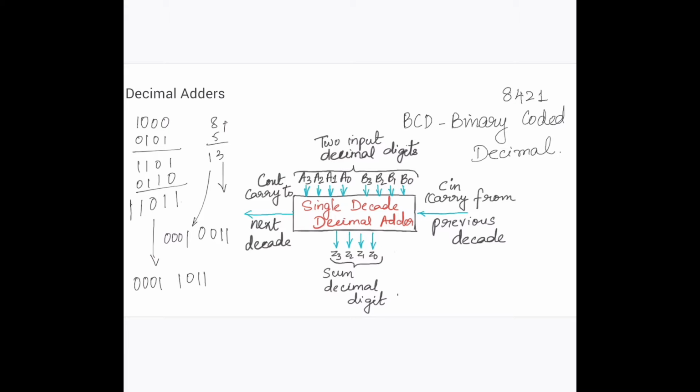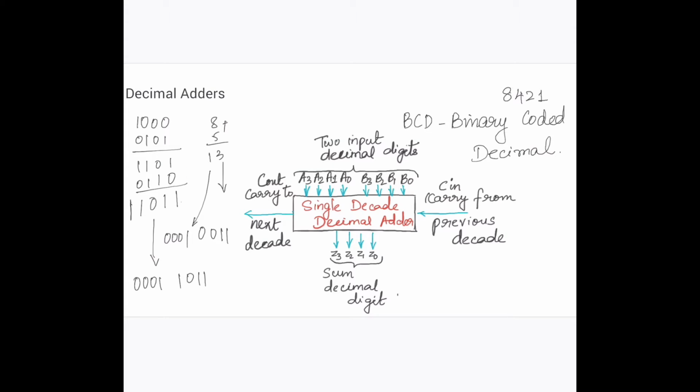Usually the 8421 coding scheme is the most commonly used in decimal digital systems, and it is referred to as BCD. BCD stands for binary coded decimal. When we are using binary coded decimal, we cannot use the traditional method of addition for all the numbers.